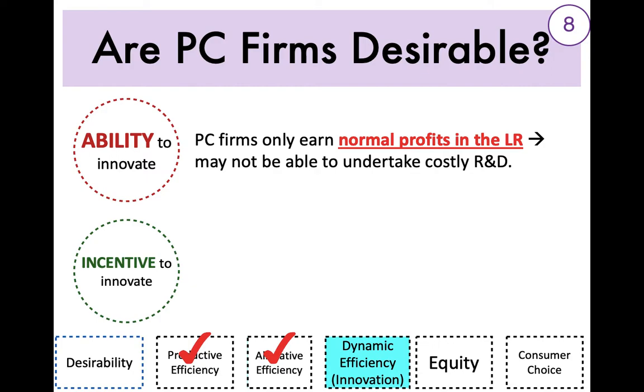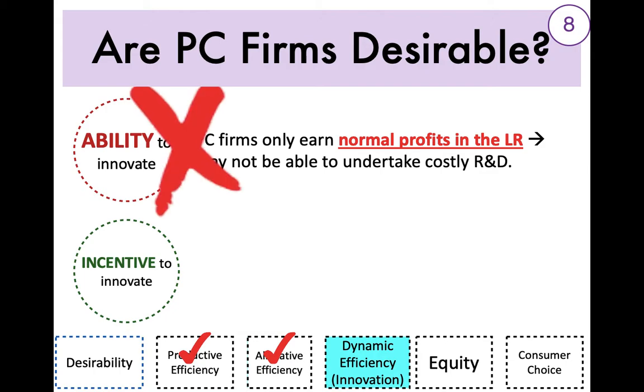And we know that they make normal profits in the long run because of a particular characteristic, which is low barriers to entry or no barriers to entry. As soon as they make supernormal profits in the long run, new firms will enter the PC industry and erode away the profits until every single firm in the market is making normal profit.